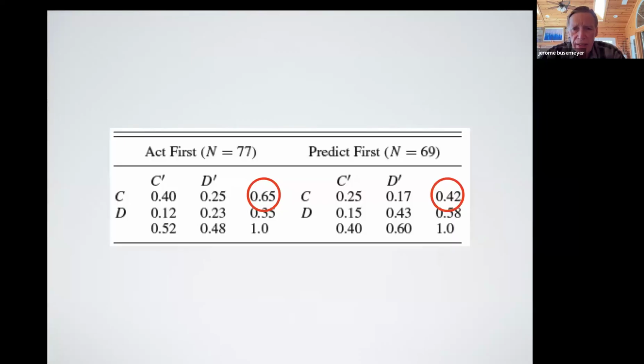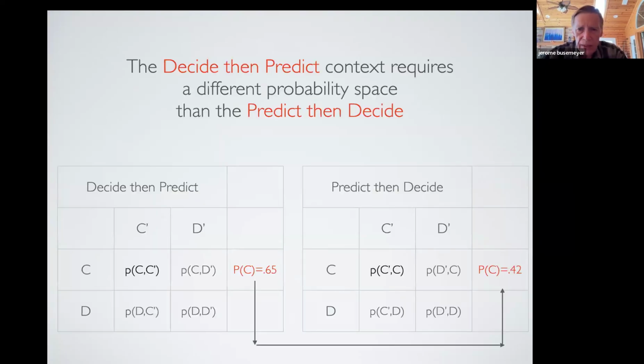So predicting first decreases their rate of cooperation. What we see here again are these context effects, where the order of the questions changes the context and changes how we reason and think about these events. So we need two different contexts to represent these tables: one context for one order and a separate context for the second order.